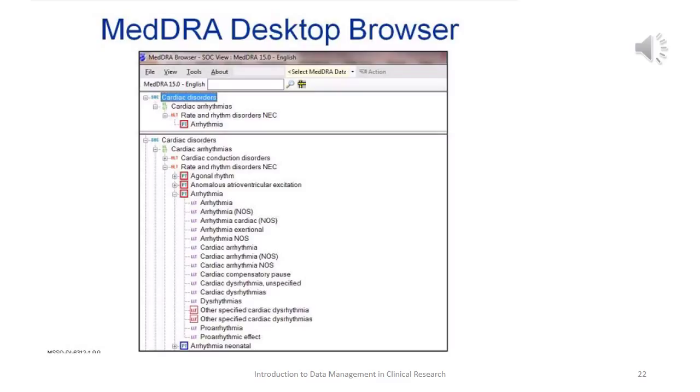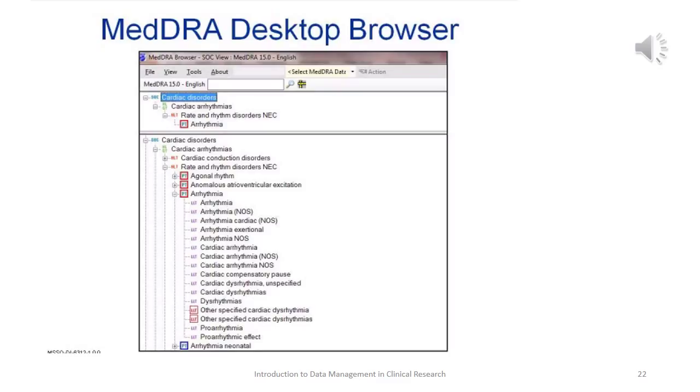So going back to our example of arrhythmias, this is what the folder tree might look like in the MedDRA dictionary. We have cardiac disorders, followed by cardiac arrhythmias, rate and rhythm disorders, and then finally the preferred term of arrhythmia.